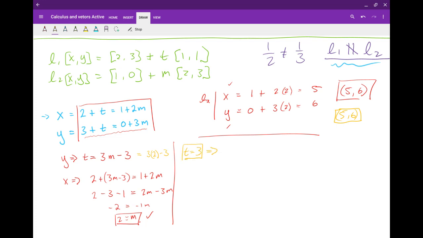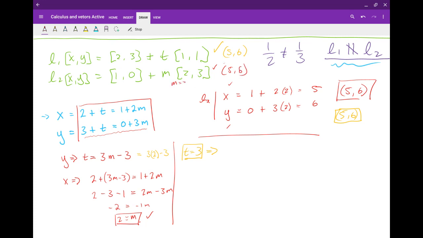So when t equals 3, this line has a point on it that's called 5, 6. And when m equals 2, this line here, the other line, line 2, has a point on it called 5, 6.